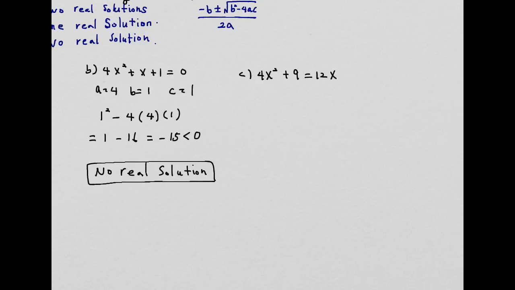Let's look at the last one. a is 4, b is negative 12, c is positive 9. When you replace it, it will be negative 12 squared minus 4 times ac.